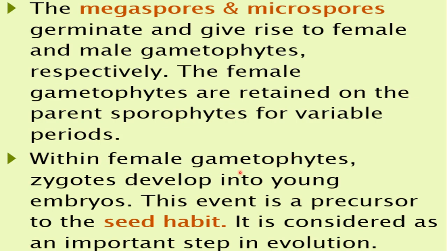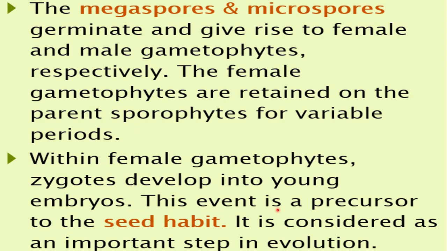Okay, so where will this zygote be formed? In the female gametophyte, right? And this female gametophyte is attached to the sporophyte, right? So the zygote develops into young embryos within the female gametophyte, that zygote formed after fertilization will develop into a young embryo.